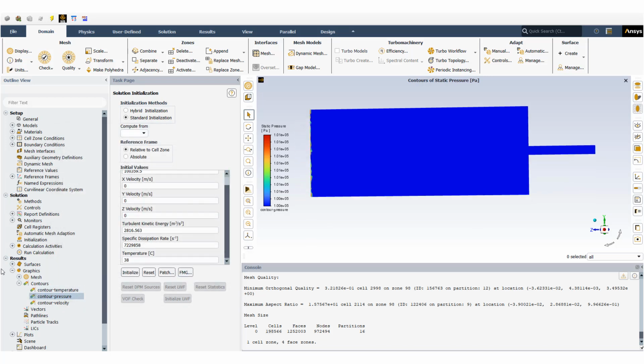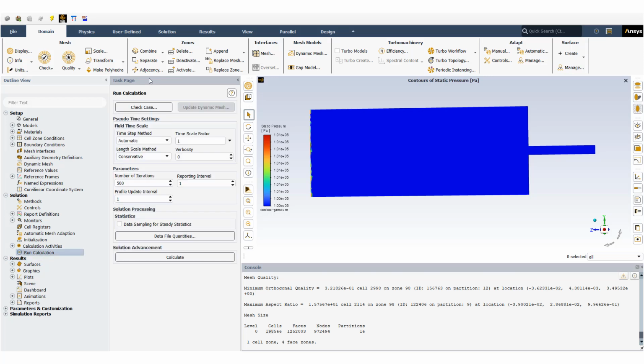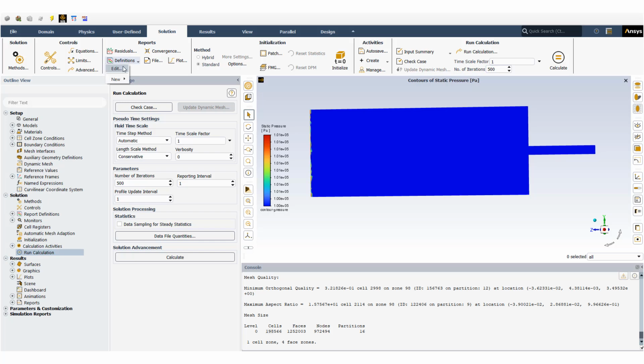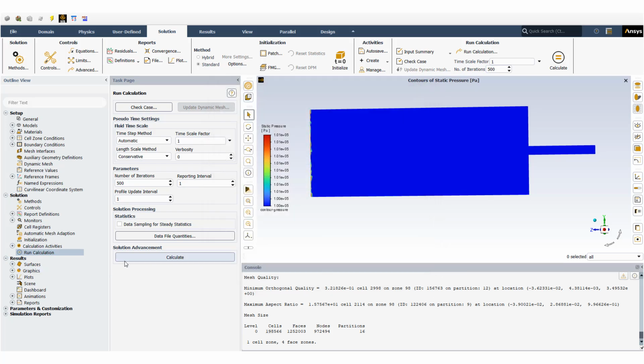So let's start running the calculation, and you remember that I already have these reports for monitoring the max temperature, mean temperature, and max velocity with the same definition that I had before. And let's start calculation.